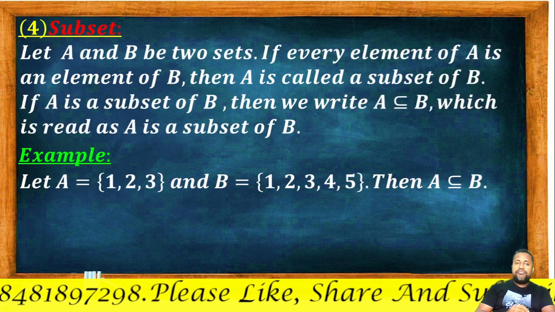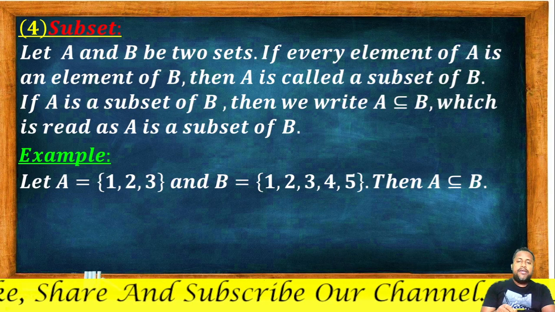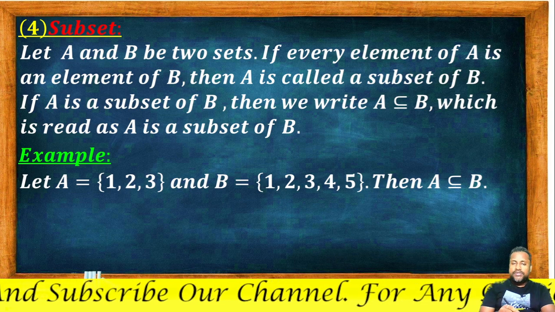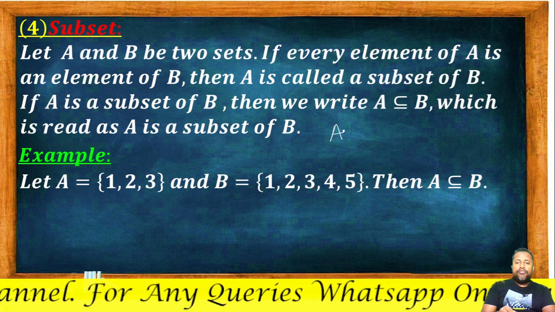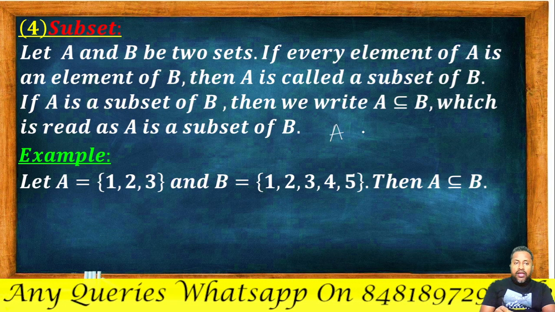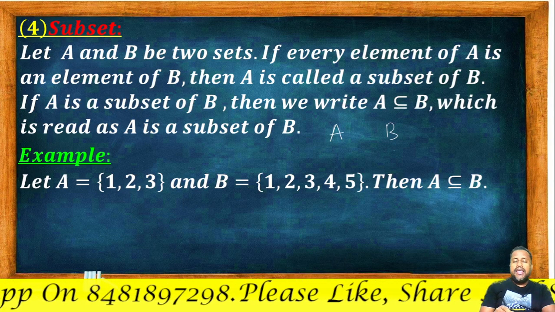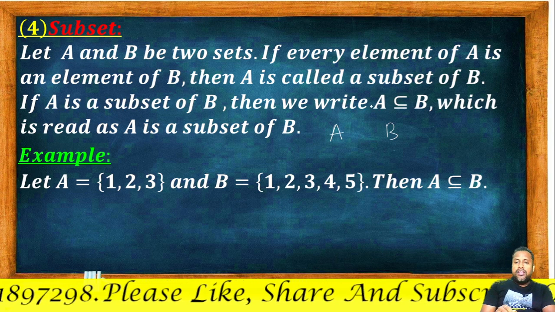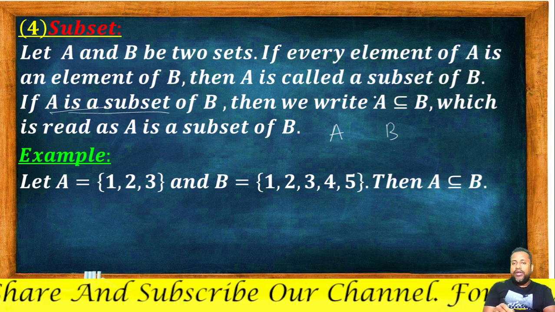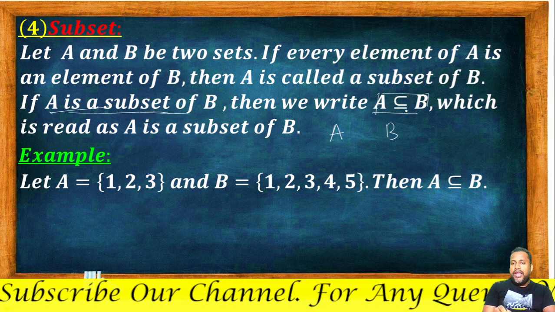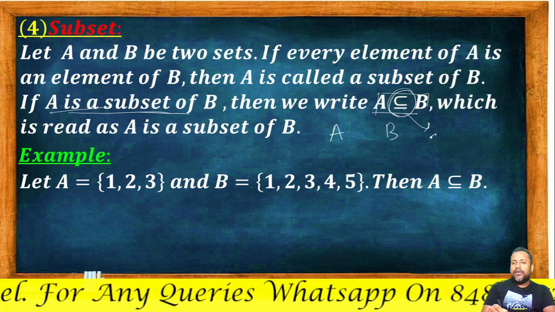Next one, subset. What is a subset? Suppose A and B are two sets. If every element of A is an element of B, then we can say that A is a subset of B. And if A is a subset of B, then we write it with a special notation, A ⊆ B. This notation is used for subset.